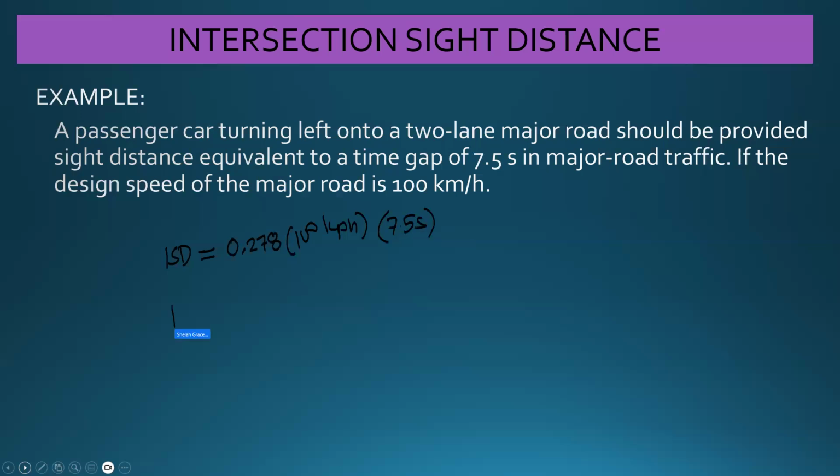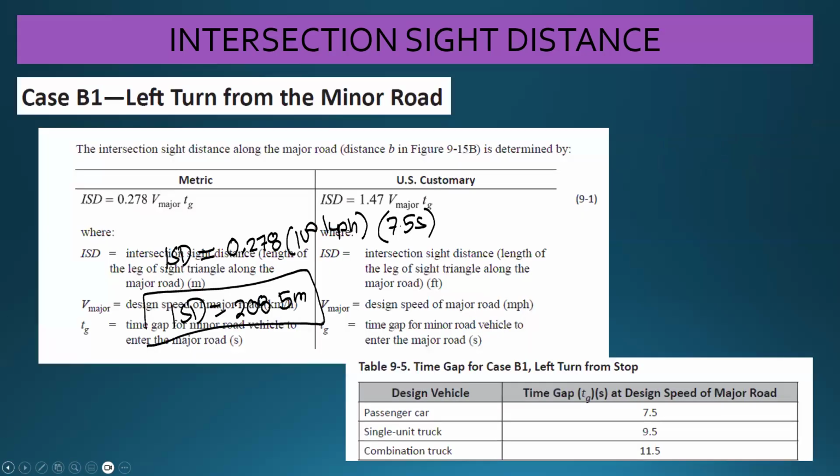So 0.278 times 100 times 7.5, you'll get an intersection sight distance of 208.5 meters. Okay? So that is 208.5.